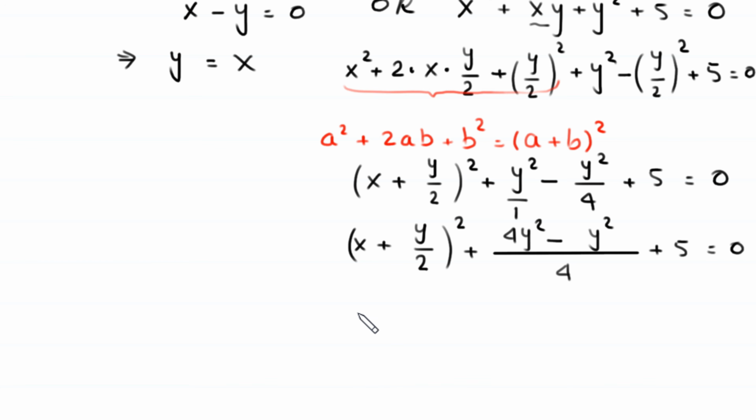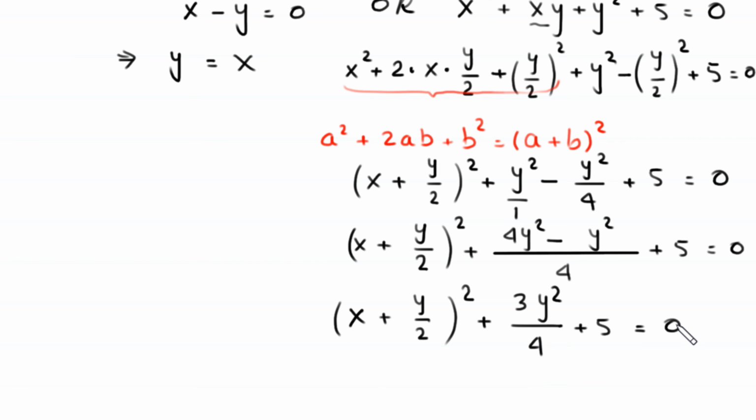Further simplifying, this will become (x plus y over 2) whole squared plus 3y squared divided by 4 plus 5 equal to 0.